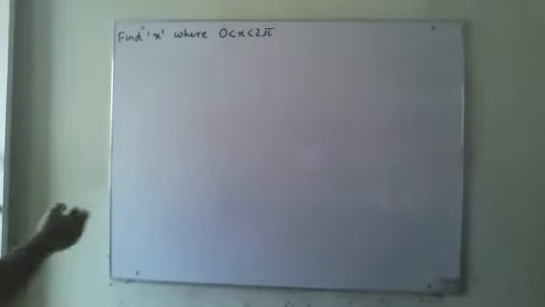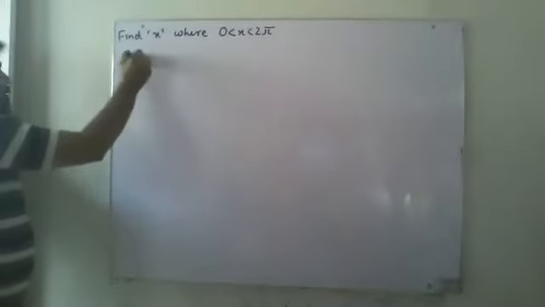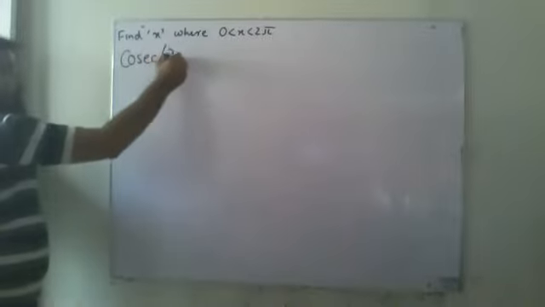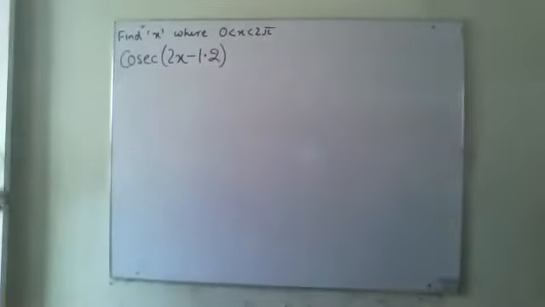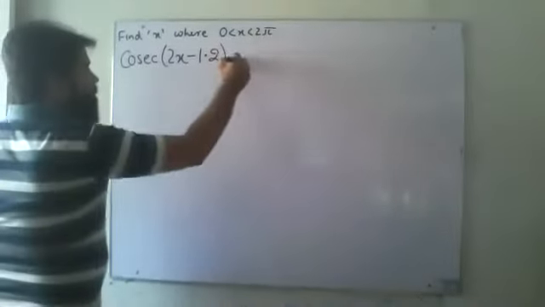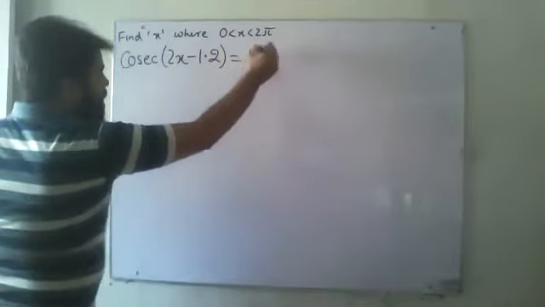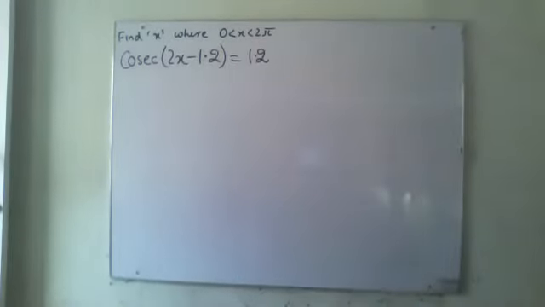A new question is given to us. They have given us cosec(2x minus 1.2) equals 1.2. Okay, cosec is given to me.